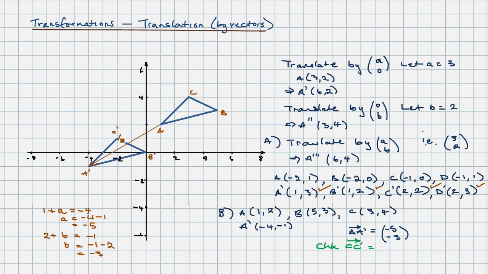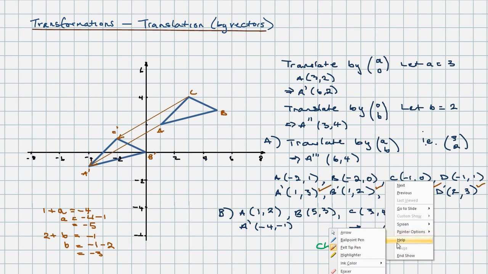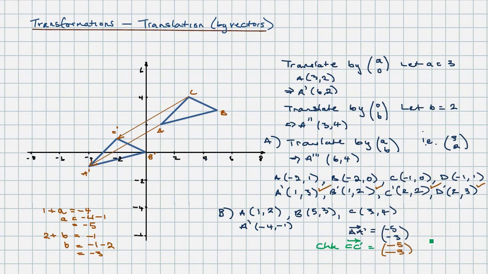It needs to be in this direction, so there's the arrowhead. Counting 1, 2, 3, 4, 5 in the negative direction, 1, 2, 3 again in the negative direction, so we've got minus 5, minus 3. So we can say that this is the vector that we must have been using.